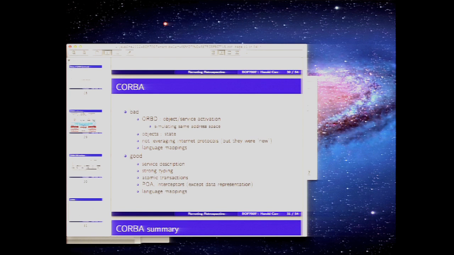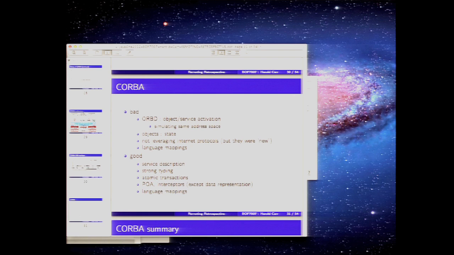Descriptions turned out to be useful. The strong typing, atomic transactions, POA. POA means portable object adapter. That's the thing on the service side that's going to find the code that's going to run your service code. And the POA gives you a whole bunch of ways to do that, from using the same object for everybody or lazily loading them, a million different ways.